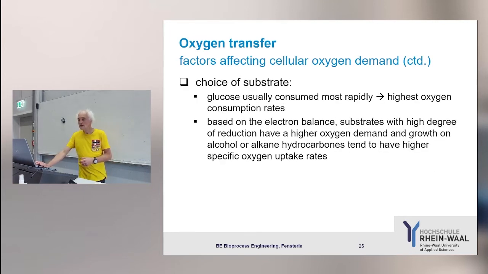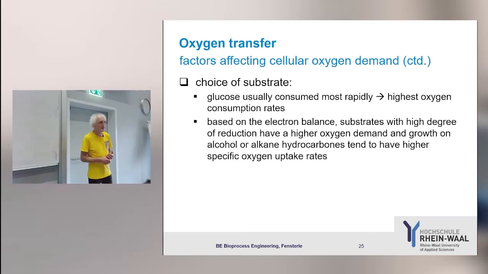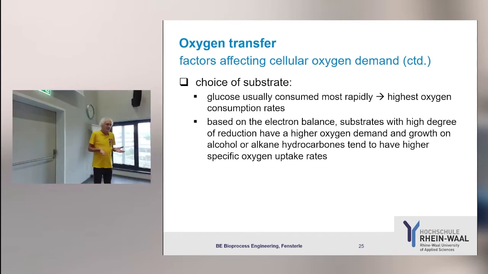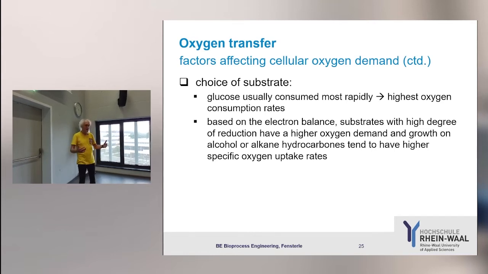Of course, the substrate also has an impact on the oxygen consumption rate. We remember that if you have a substrate which is highly reduced, the energy content is higher, then the oxygen demand is also higher, and the rate could be higher, but the rate is not just the yield. When we talked about mass and electron balances, we always looked at yields at the end.